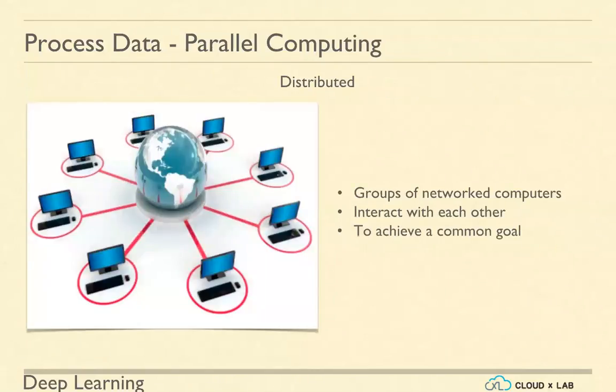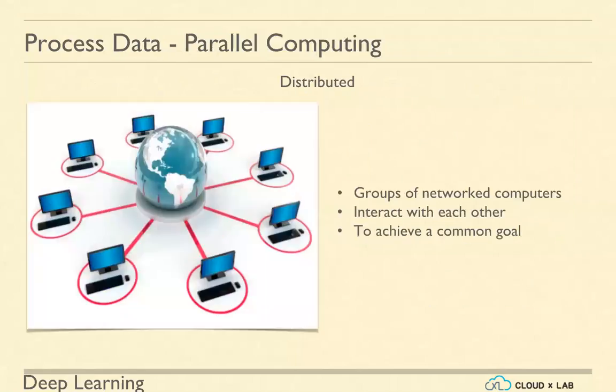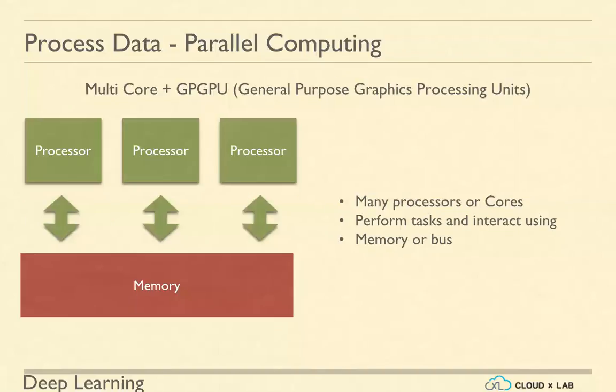So one part of parallel computing is distributed, when we want to process data, as we talked about here. After collecting, we need to do the cleaning and the processing. For that, we need a massive amount of computing. To do that, we would need either a distributed system or a parallel system, as in the GPU-based system.